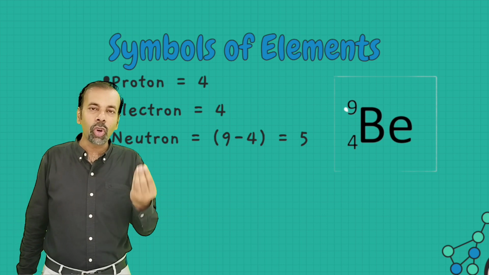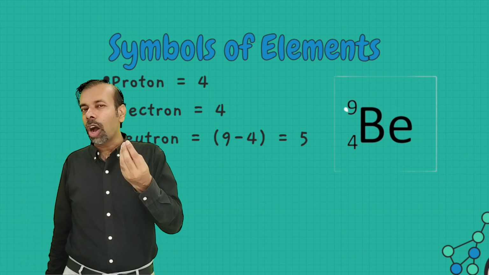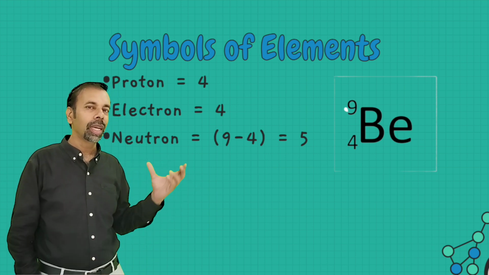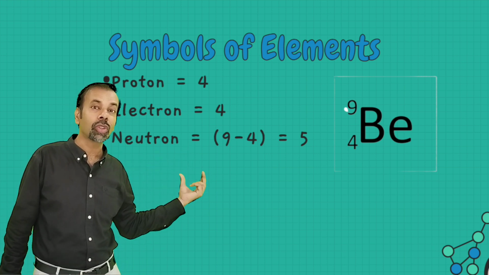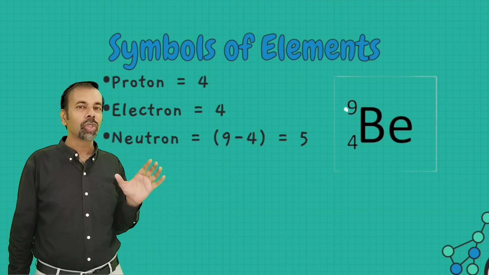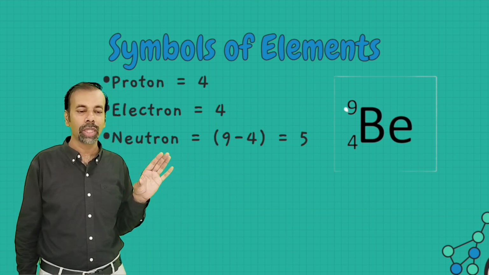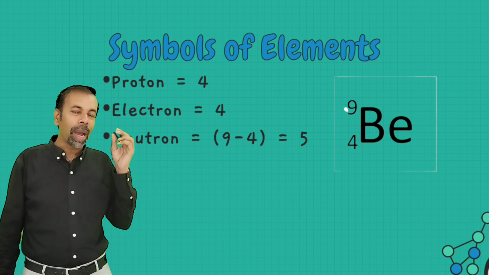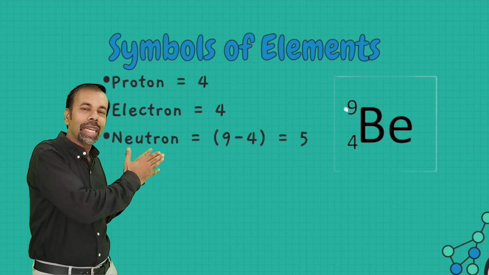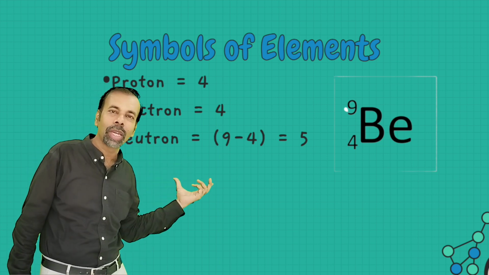And if we know about how many electrons it contains, we will also find its electronic configuration. Like beryllium has 2 electrons in its first shell and 2 in the second shell. So we got its electronic configuration as well. By knowing the electronic configuration, we will also relate its position in the periodic table.